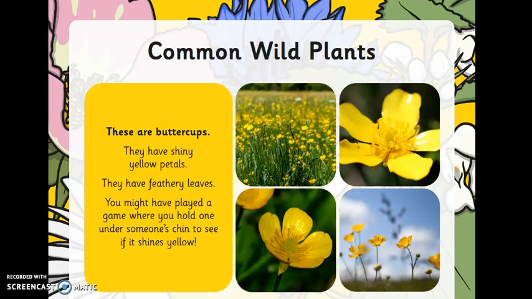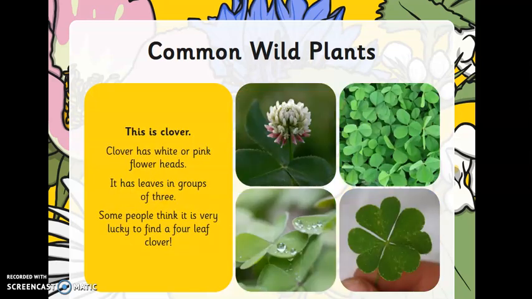Buttercups. These have shiny yellow petals and feathery leaves. You might have played a game where you hold one under someone's chin to see if it shines yellow. Buttercup. A clover.